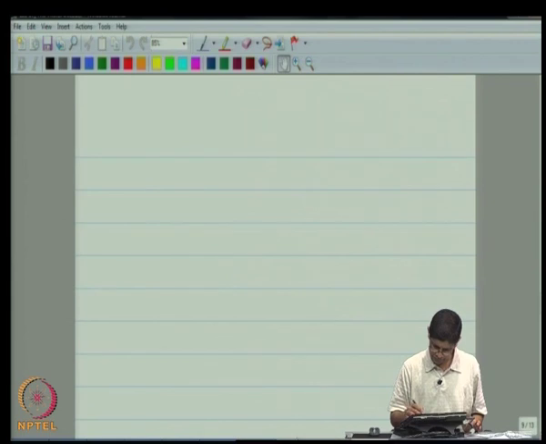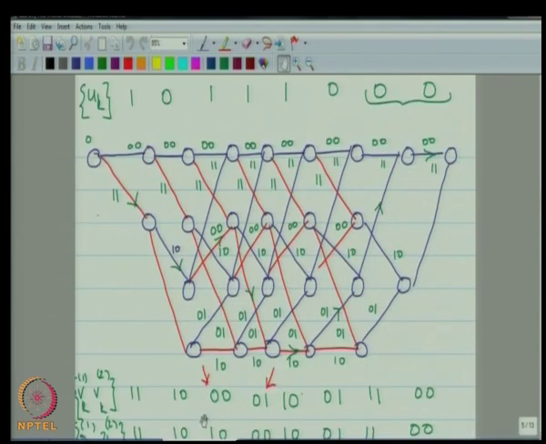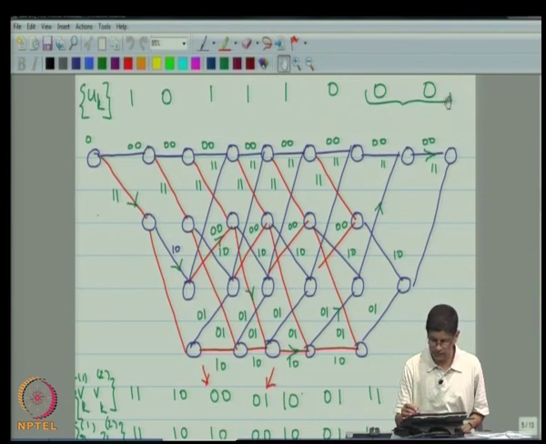Now, if you look in the trellis, what I have actually done is I have put in 2 trailing zeros over here, and I have already explained in the last lecture the reason for bringing them in, so that you could bring the finite state machine underlying this trellis back to the all 0 state. So, that means the last 2 message symbols are actually known.